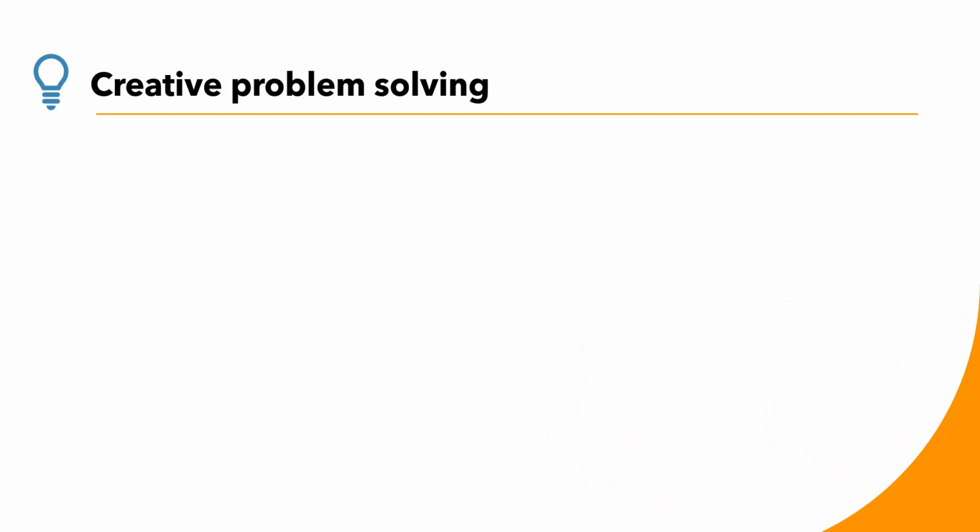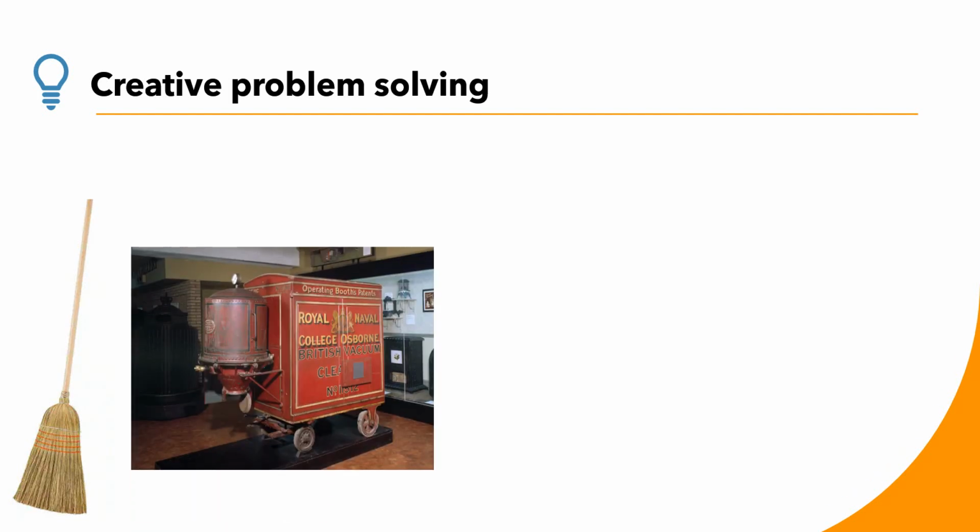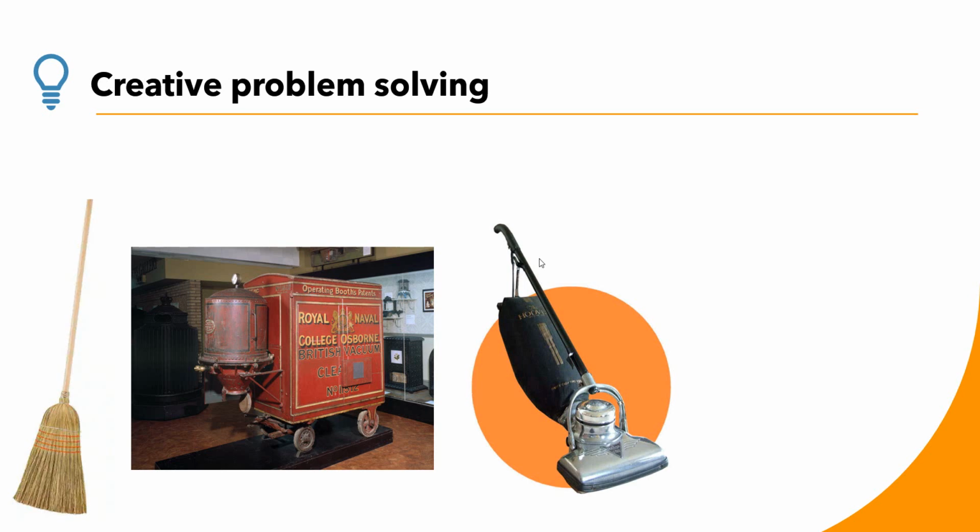So we are going to see the creative problem solving. The first thing I want you to think about is the vacuum cleaner. How does it develop through the years? Before, this is the first electronic vacuum cleaner. And then the vacuum cleaner has been developed to this shape. We can see that the dust bag is being added within the body of the vacuum cleaner itself.